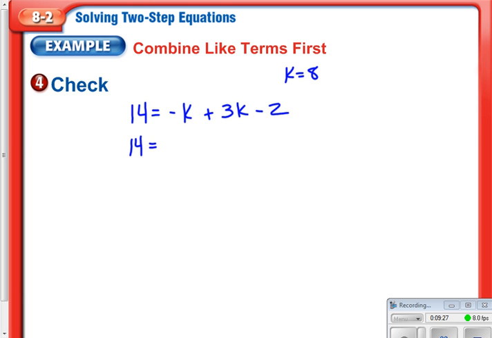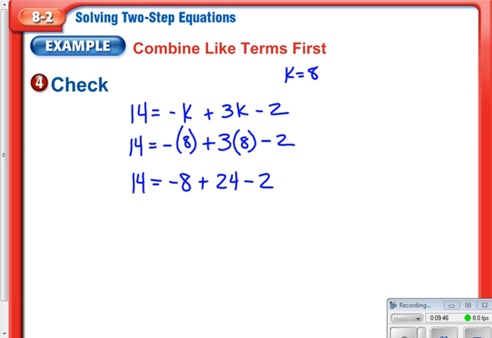We have 14 equals negative 8 plus 3 times 8 minus 2. 14 equals -8, and then we have plus 3 times 8 is 24 minus 2. 14 equals, well, we have -8 plus 24. -8 plus 24 is 16. 16 take away 2 is 14. So again, it would check out there.